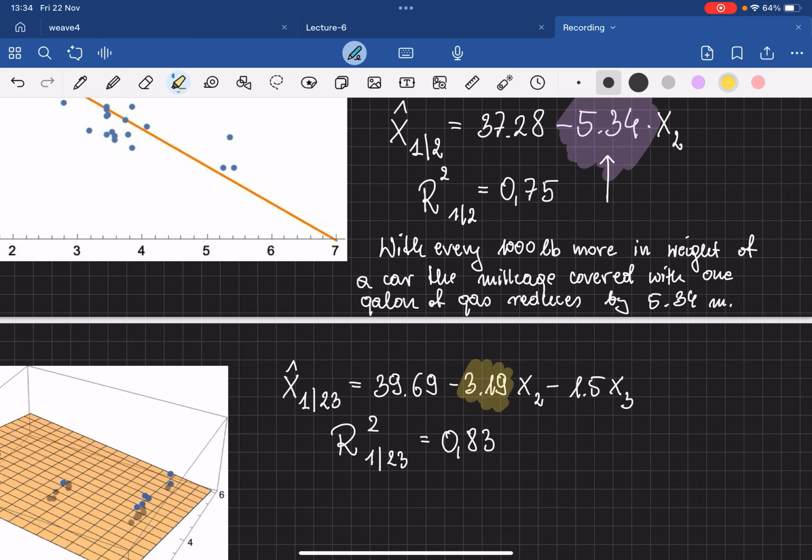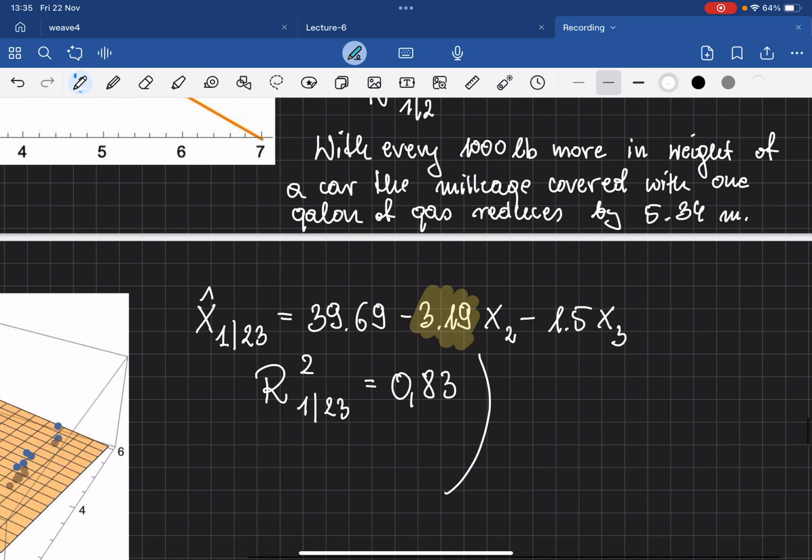Here, in this example, we didn't take into account the number of cylinders. Here we did. So this is the average difference between two cars with the same number of cylinders and weight changing by 1,000 pounds. So the interpretation of this is different. So let us write down this interpretation.